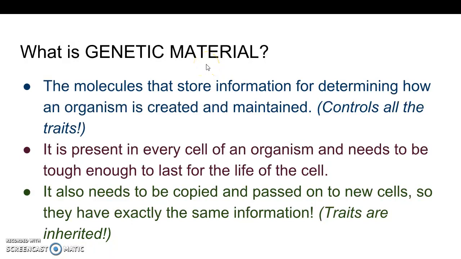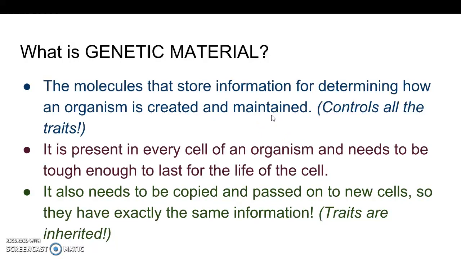So when we talk about that, we're talking about the molecules that store information for determining how an organism is created and maintained. So that's the stuff, the molecules in your cells that are basically giving out all the commands for how the cell and all the neighboring cells and the whole organism, which is just made of cells, how it's made and how it's maintained, how it continues to grow and develop.